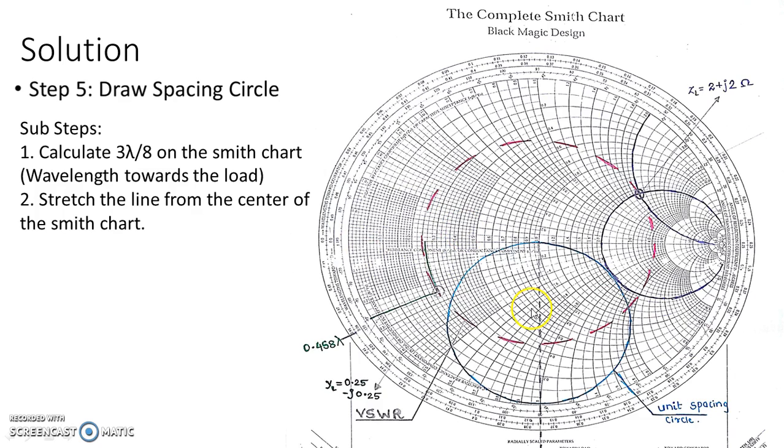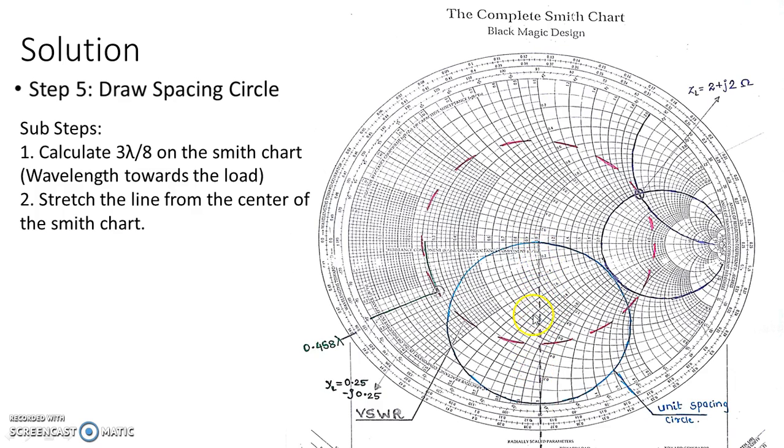If I consider this to be 0 degrees, then this side will be 90 degrees, this side will be 180 degrees, and here it will be 270 degrees. So I will mark a line which passes from the center at an angle of 90, marked as minus 90. You plot a straight line down.